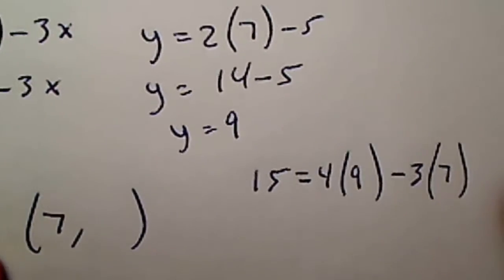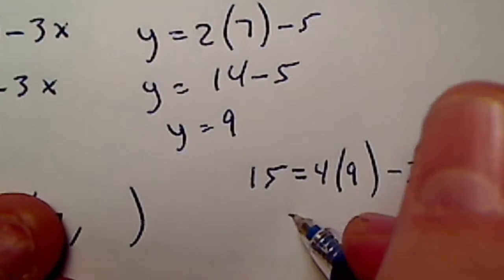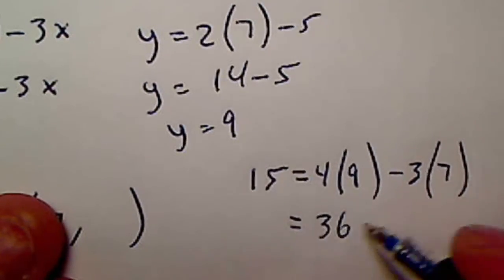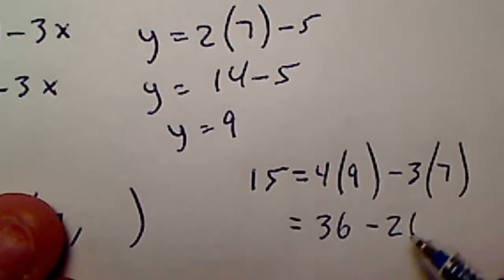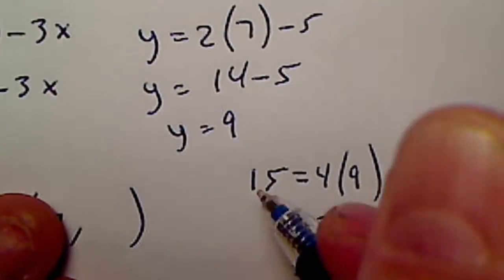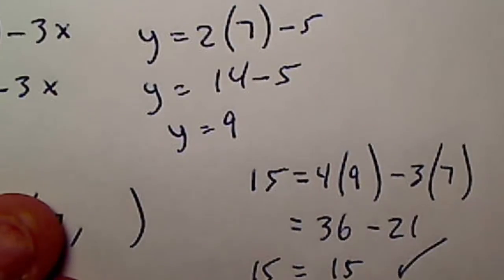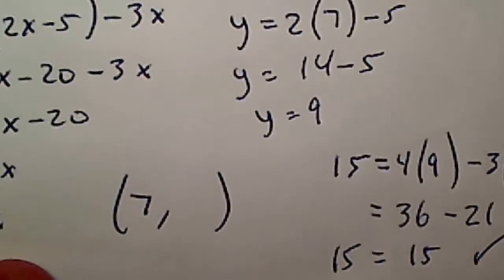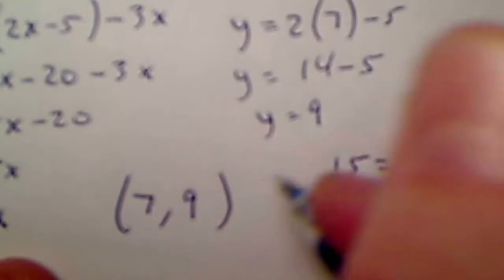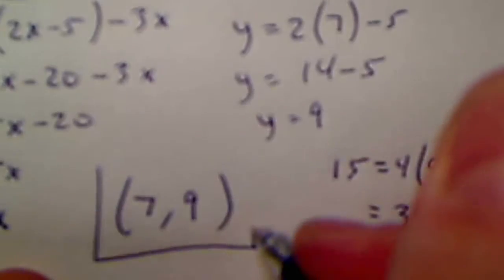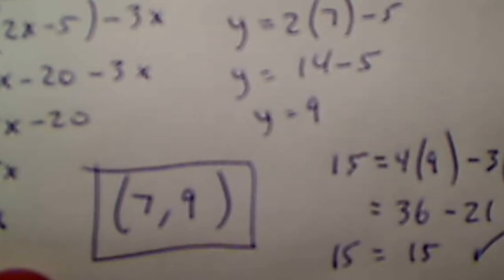And we're going to see if that does, in fact, equal 15. 4 times 9, 36. 3 times 7 is 21. And I get 15. And it was supposed to equal 15. So it does check. Works perfectly. So I'm going to write the rest of my coordinate point, putting the y value of 9. Box that. There is the point of intersection.